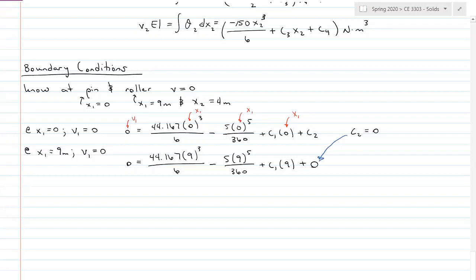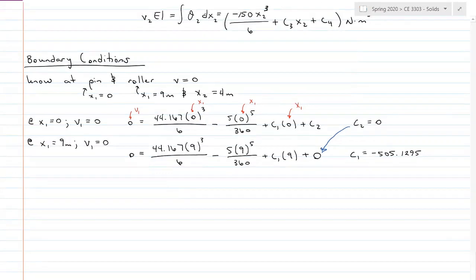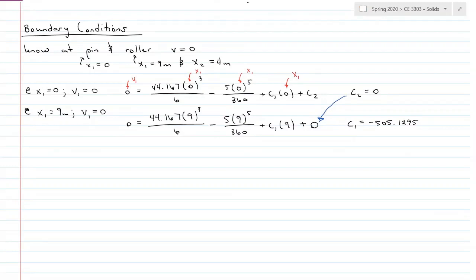So there's that value now. And we will find that C1 is equal to negative 505.1295. I'm putting a lot of significant digits there because we're going to need that C1 value in another equation later on, because we have 4 unknowns and so far we only have 3 boundary conditions.